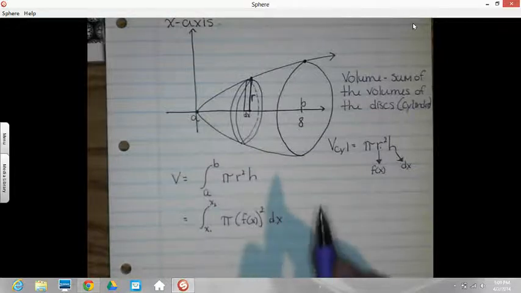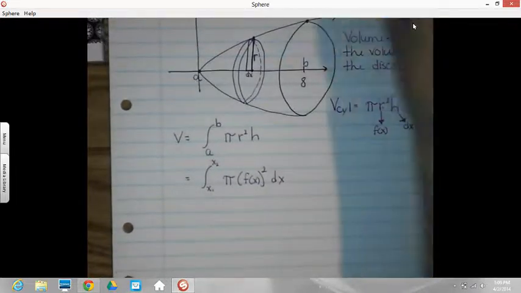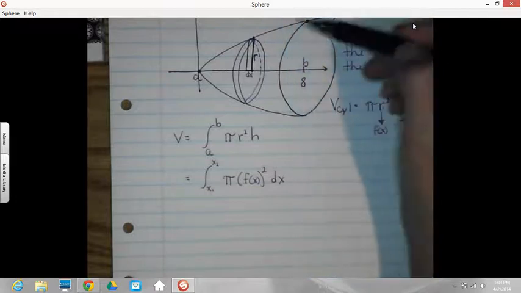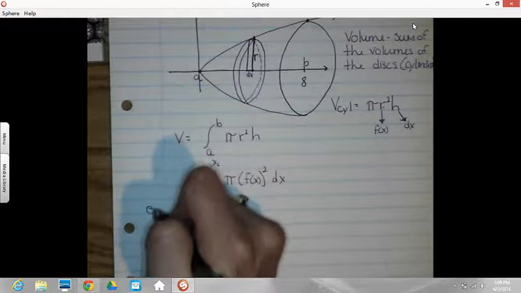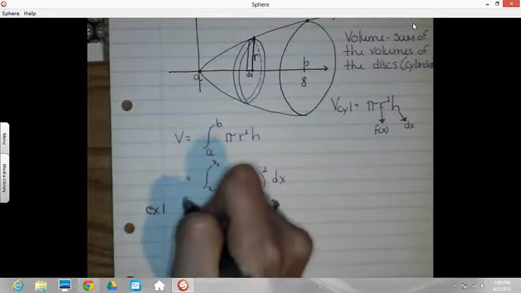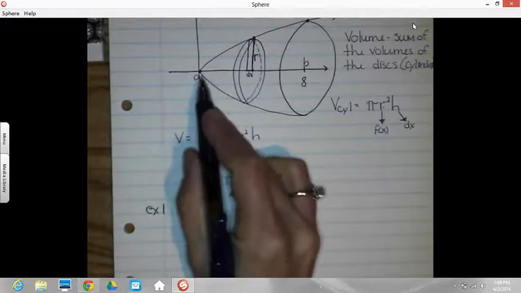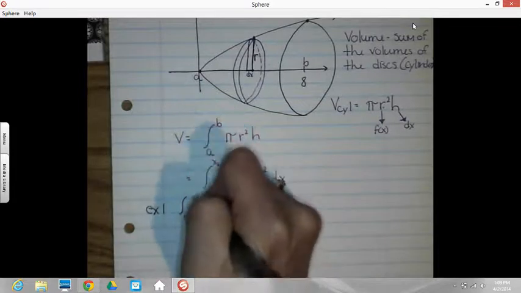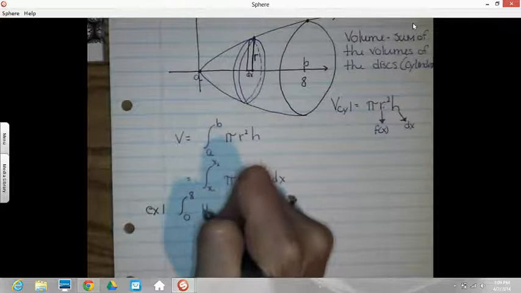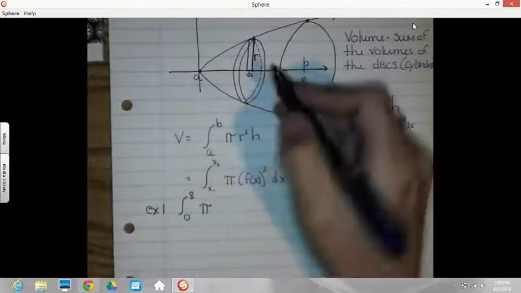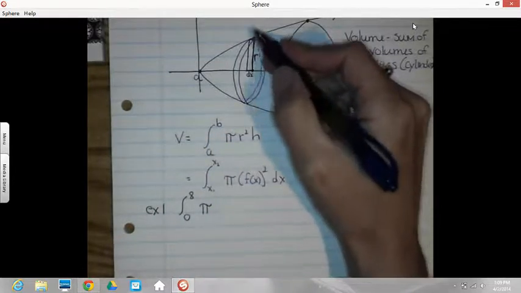So let's use this first one as our first example and find the volume of that half a football there. So our boundaries I gave you from 0 to 8. The volume of the cylinder is the pi. Pi that is always going to be there. The radius is determined by our equation, x to the 1/3.